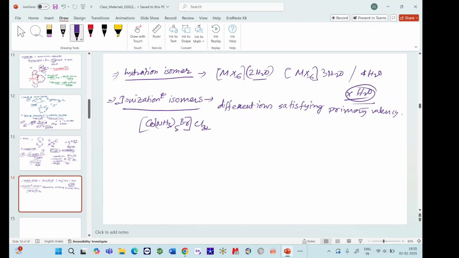okay, and then you have, say, cobalt, NH3, so one.